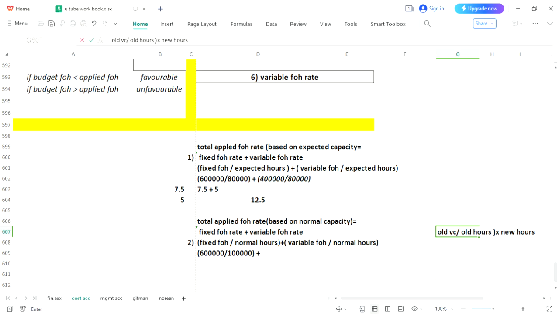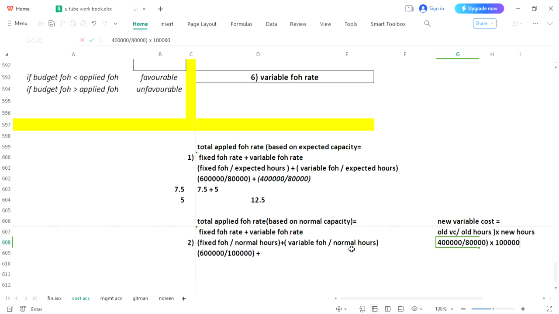This way we can calculate our new variable cost. Old variable cost was 4 lakh. You will divide it by old hours, that is 80,000, and finally multiply it with new hours. New normal hours are 1 lakh.